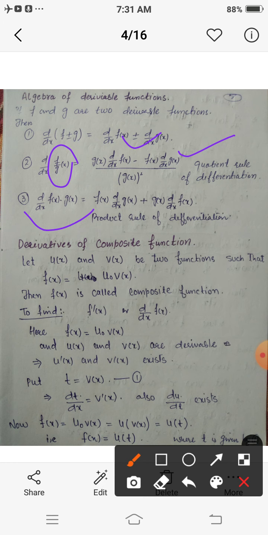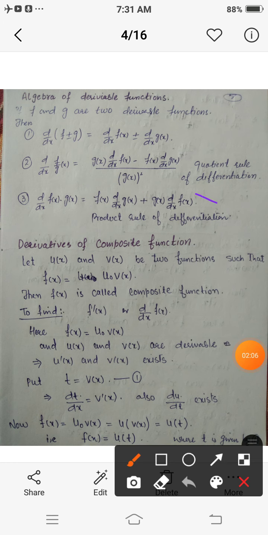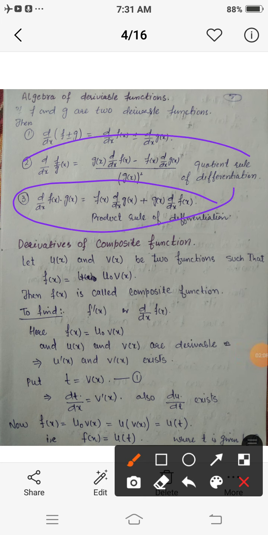Similarly, if we have the product of two functions, that is f of x g of x, then its derivative is simply first function f of x into differentiation of second, d by dx of g of x, plus g of x into d by dx of f of x. This rule is simply called the product rule. The product rule and the quotient rule you studied in class 11th.